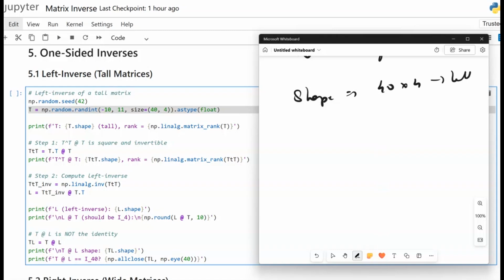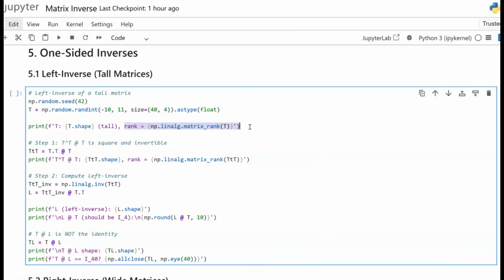Of course, it is tall. This is a mapping from R to the power of 4 towards R to the power of 40. And what would be the rank? Let me observe the exact rank by using this. Typically for full column rank, it would be 4. Let me see when we execute.